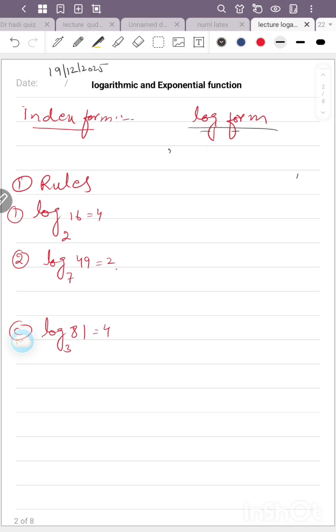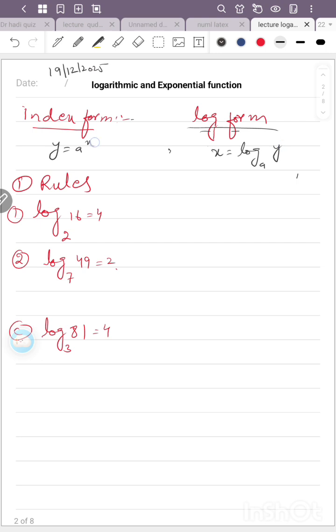I will write these equations to identify the index form. Here y equals a power x. This is what we call the index form, and the other one is the logarithmic form: x equals log of y to the base a.